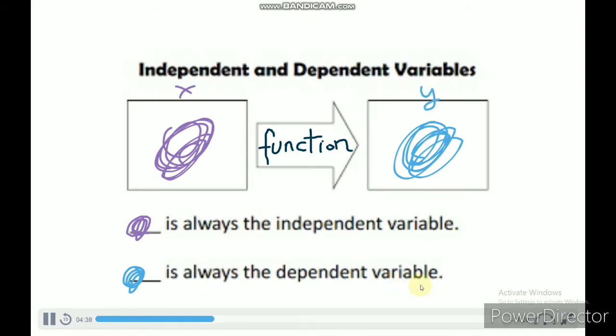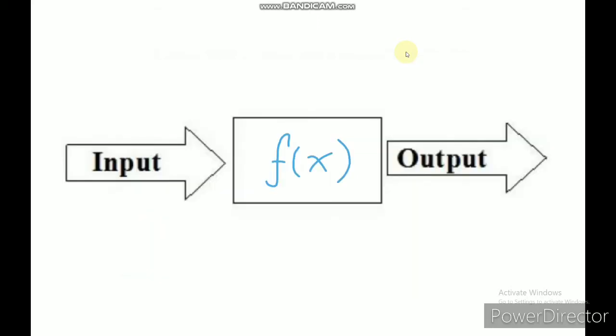Usually we use X and Y, but this is not mandatory. Actually I can use the opposite, Y for independent. The most important thing is that you know which one is independent and which one is dependent, since the dependent variable depends on the independent variable.